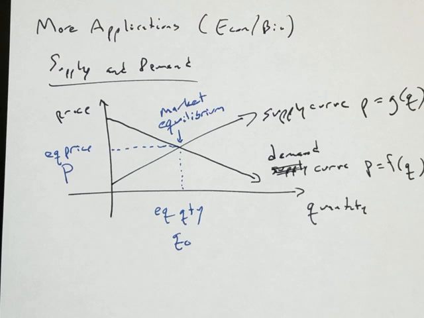The amount of money that the people who were willing to buy at a higher price saved is an integral.